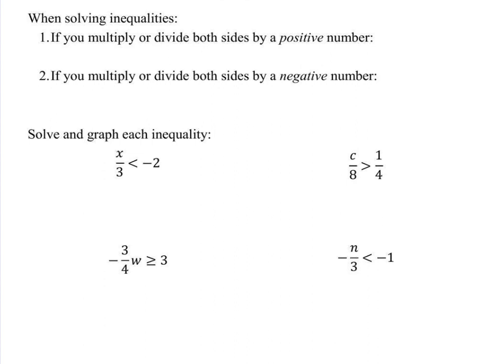All right, so if you multiply or divide both sides by a positive number, the inequality symbol does what? If I multiply by a positive number, the inequality symbol stays the same.